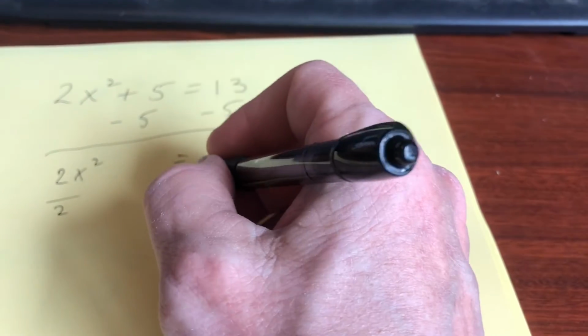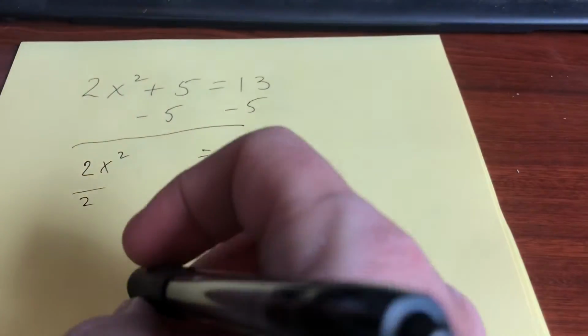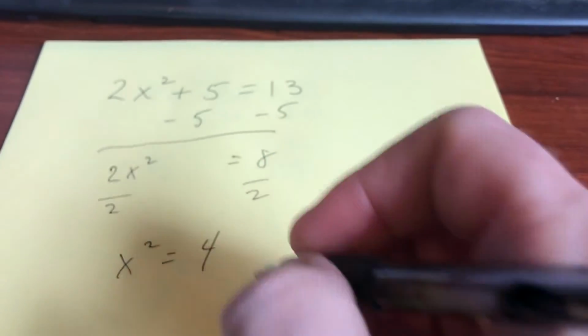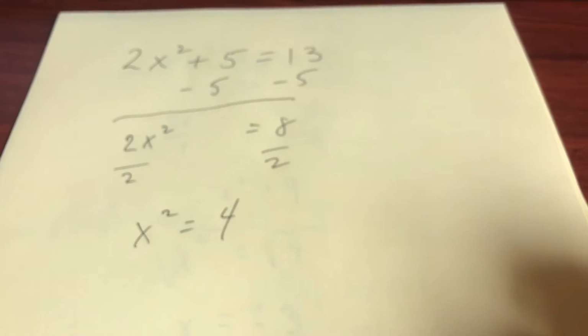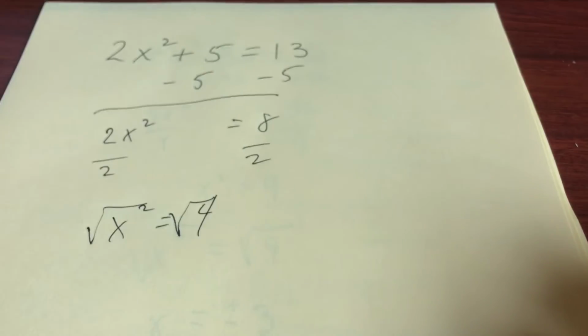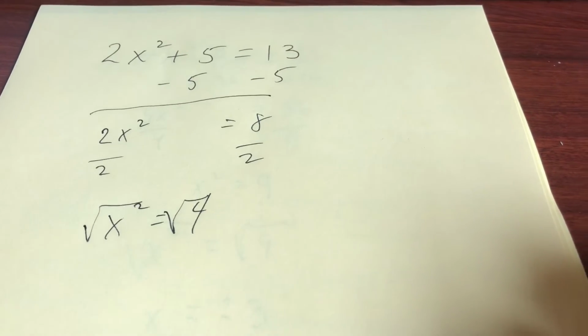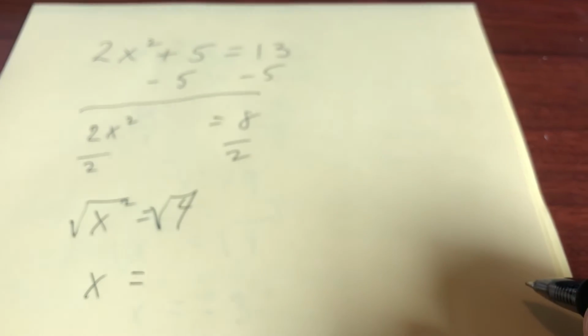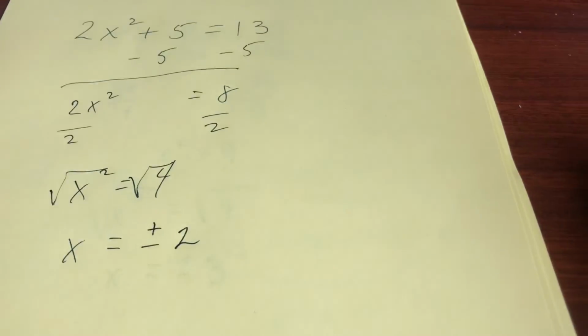Then I'm going to divide both sides by 2 to get x squared equal to 4. And then I'm going to take the square root of both sides. X times x, square root of that is x. Square root of 4 is plus or minus 2.